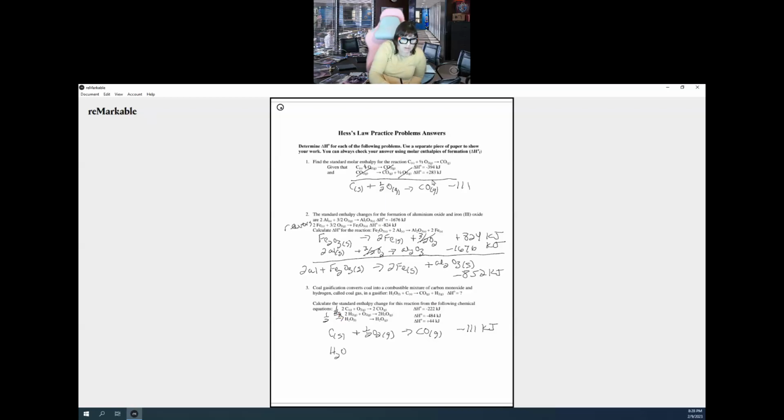I'm going to have H2O gas going to H2 gas plus half of an O2 gas. And of course, I've turned it around, so it's now positive 484. 484 divided by 2 is positive 242 kilojoules.